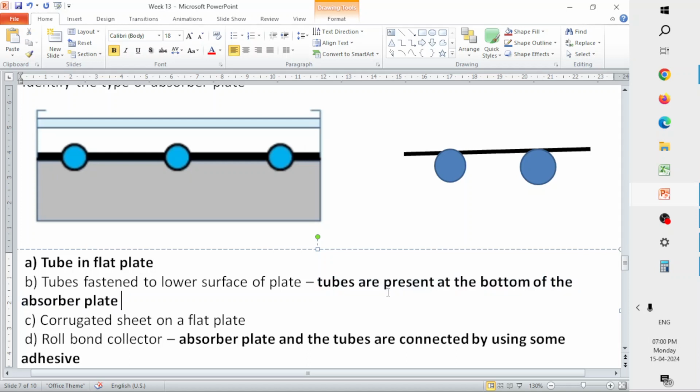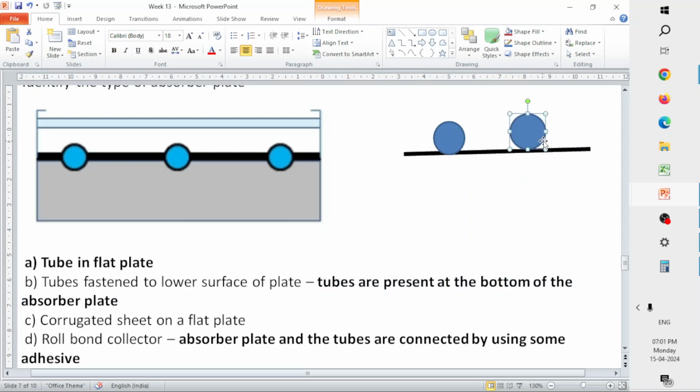If the tube is present at the upper surface, it is called the tube fastened to the upper surface of the plate. If it is at the bottom, it is called the lower surface. If it is present in the plate, it is called the tube in plate method. And depending upon the type of connection between the absorber plate and your tube, you can have a roll bond collector, where the tubes and the flat plate are connected using a bond, some kind of adhesive.